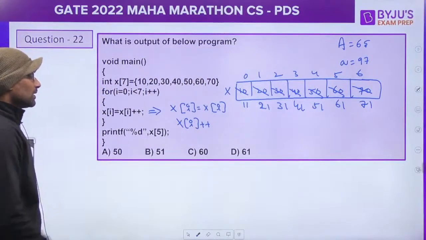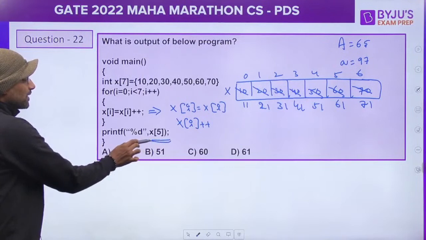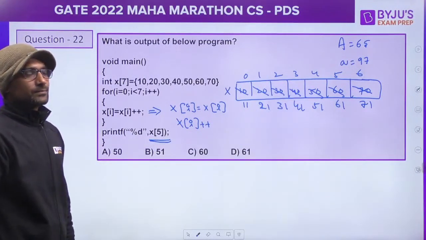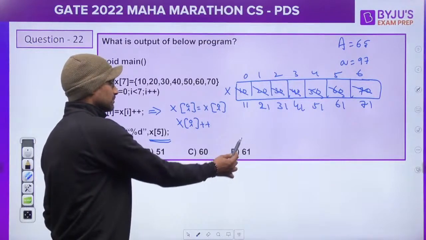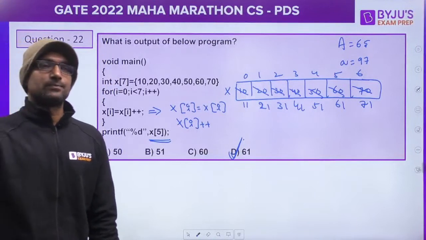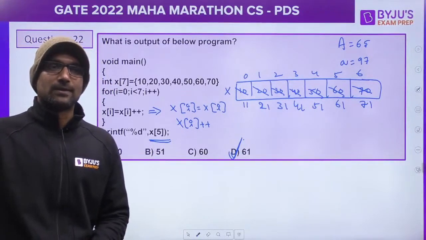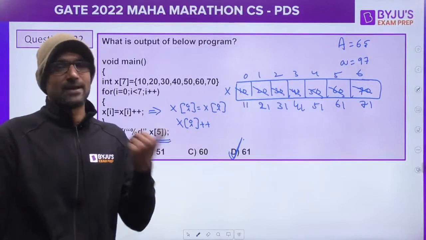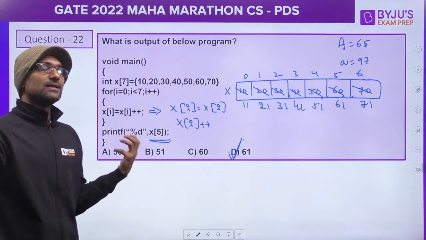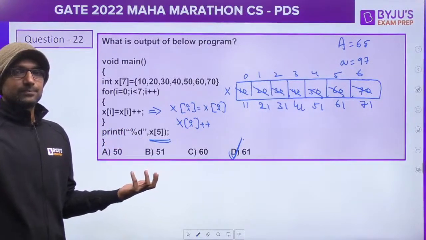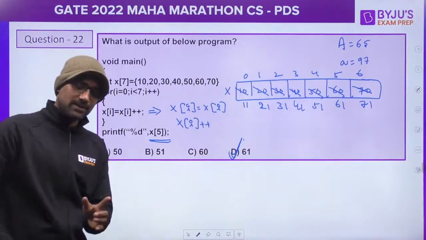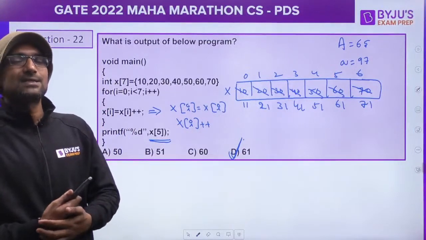Right? And when you print x[5], what gets printed? 61 gets printed. It is post increment only, but you are incrementing the same value. So whether you increment, because we are not printing in the same line, you are assigning to same and incrementing the same. So that means increment definitely happens with the same element.